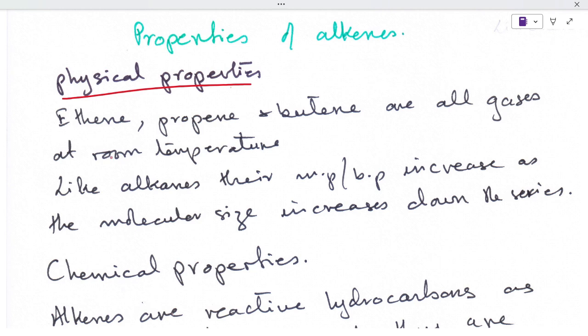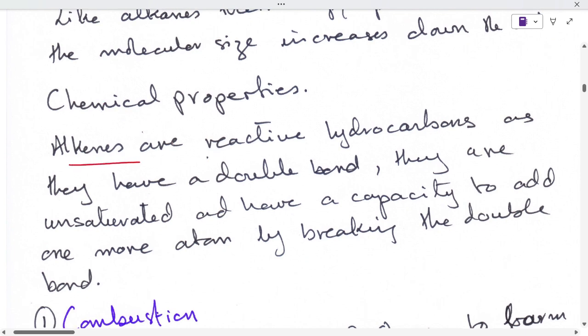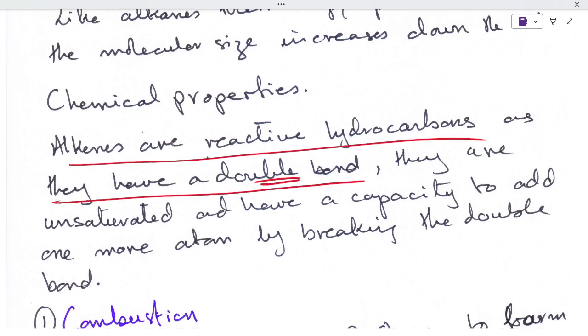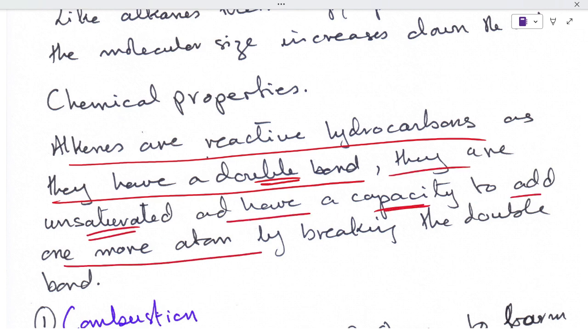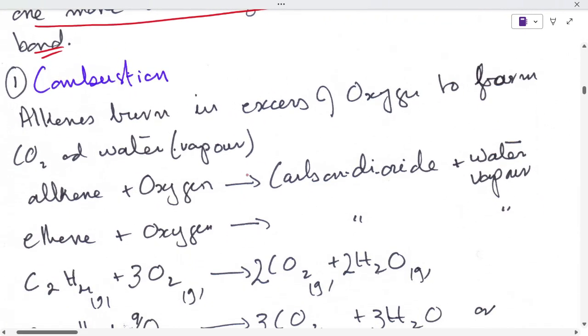Now we come to the chemical properties. Alkenes are reactive hydrocarbons as they have a double bond. They are unsaturated and have a capacity to add one or more atom by breaking the double bond. First property is combustion.